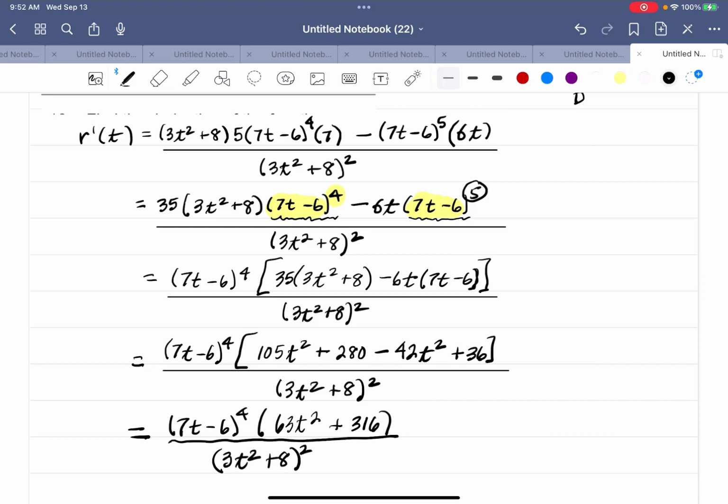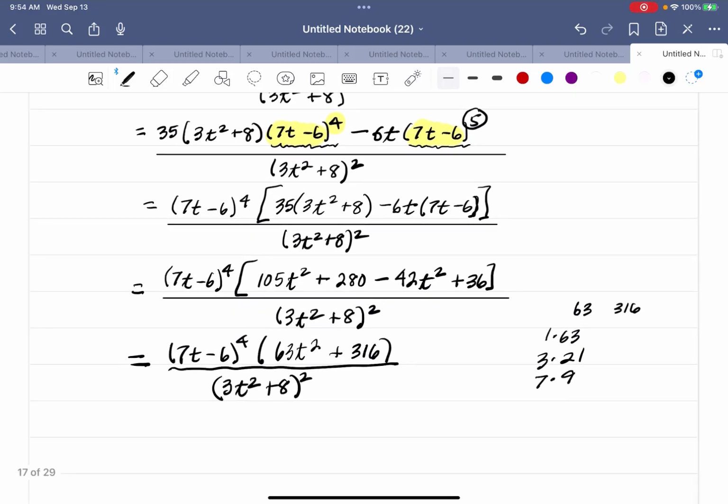Now, there may be a common factor within this second binomial, 63t squared plus 316. So I'm going to check for a moment just to be sure. I've got 63 and 316. So 63 is 1 times 63, 3 times 21, 7 times 9, and then it would be 9 times 7, and it would start to repeat.